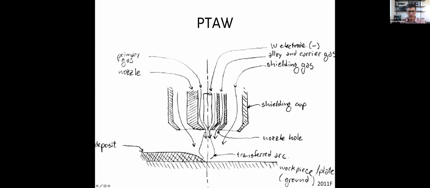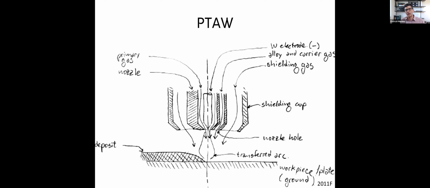And the difference is that while in TIG the arc was free to expand, in PTA the arc is not free to expand. We have a jet of inert gas, a secondary jet of inert gas that is constricted. So now the arc, if you remember our very first lecture, we talked about how the arc creates a jet because of electromagnetic forces.